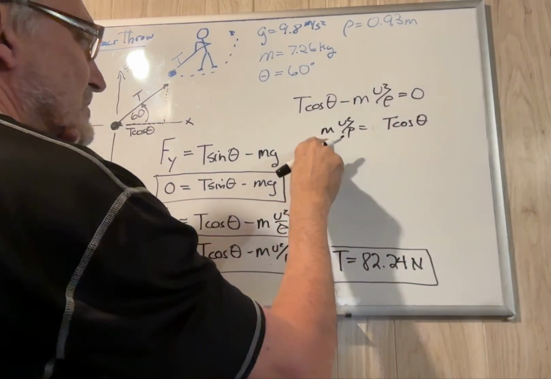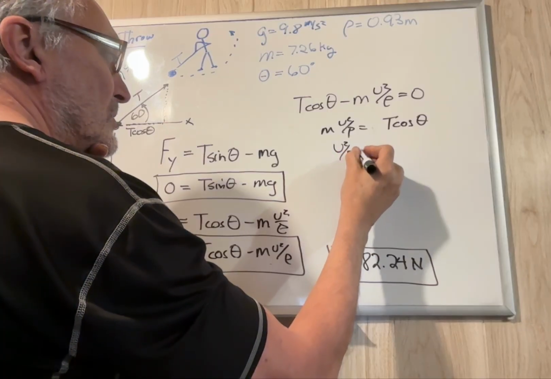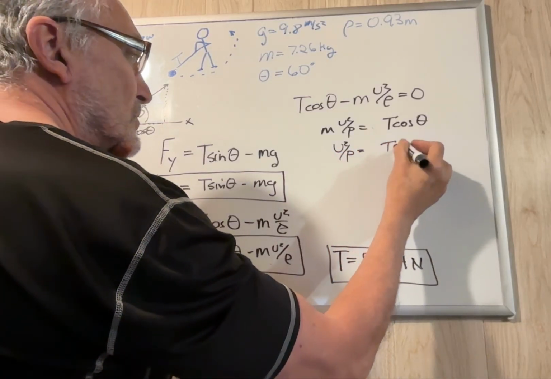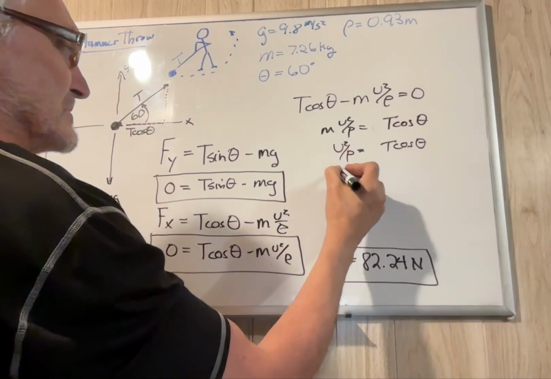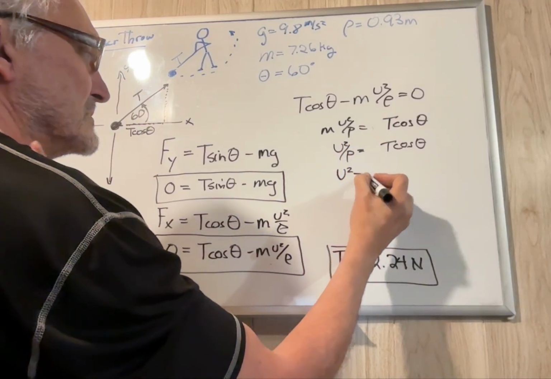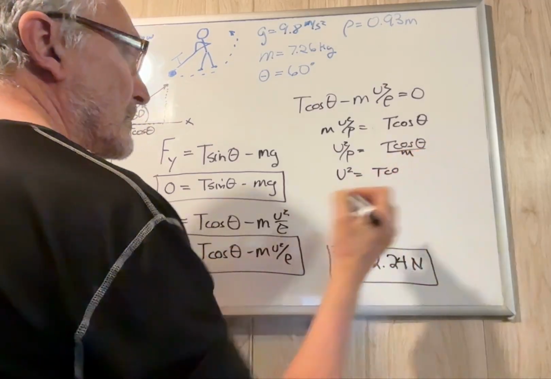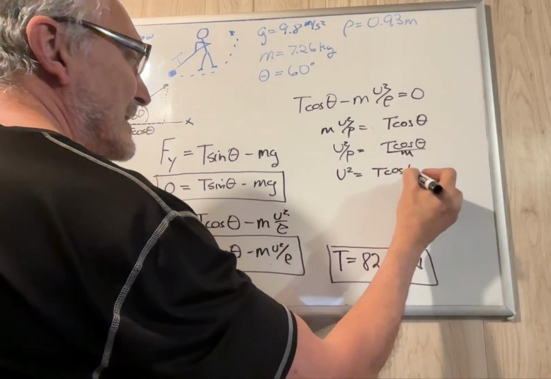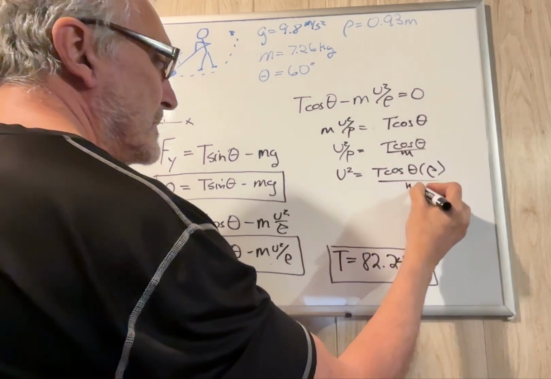So what are we going to do with m? We're going to divide both sides by m, so we have velocity squared divided by rho equal to T cosine theta over m. Well, we have rho here, so we multiply both sides by rho, so we have velocity squared is equal to T cosine theta multiplied by rho divided by m. And then what do I got to do?